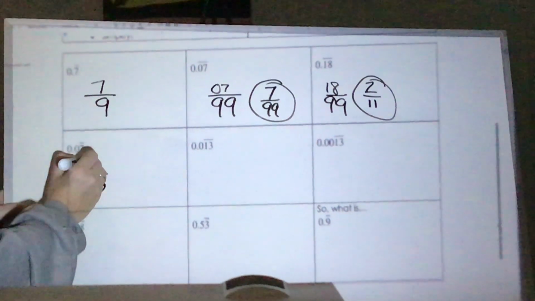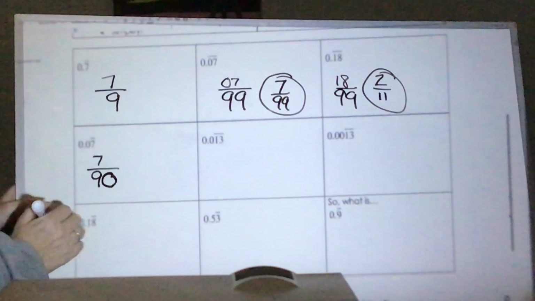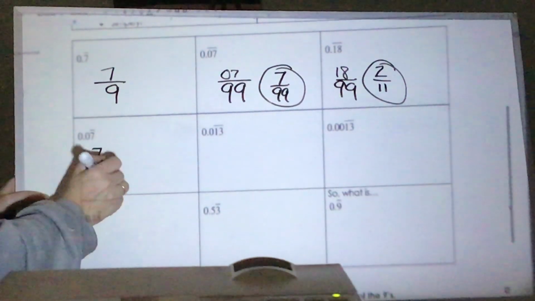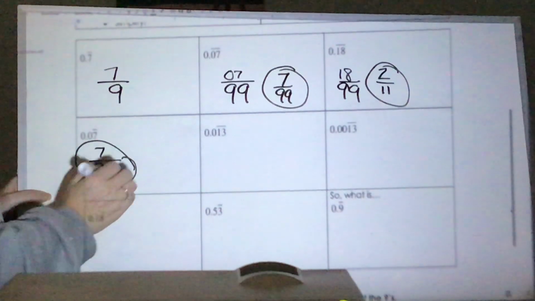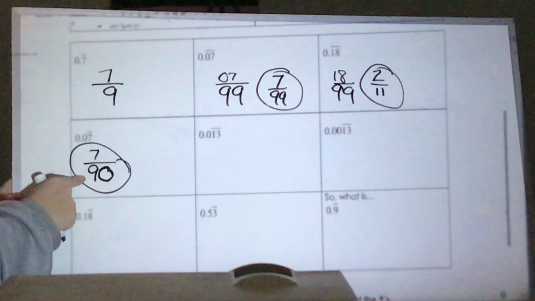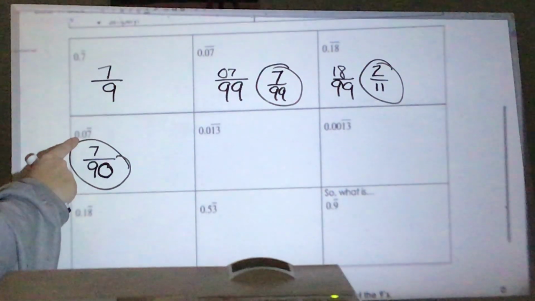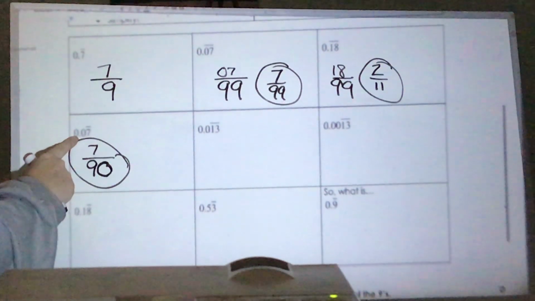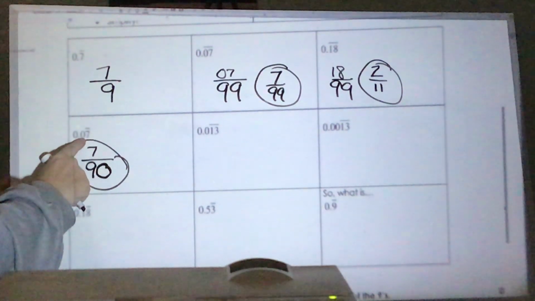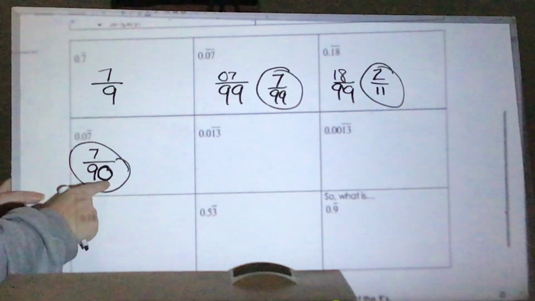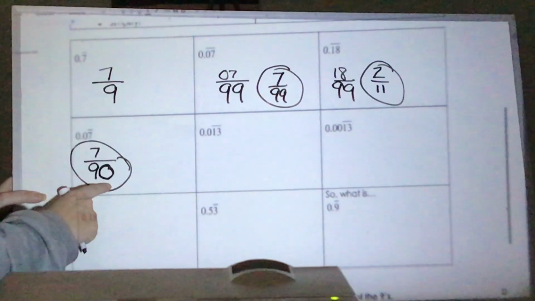Then our numerator is just 7. This can't be reduced, so this is our final answer. If you did 7 divided by 90 on a calculator, you would get 0.077777. So zeros that don't repeat get added onto the denominator.